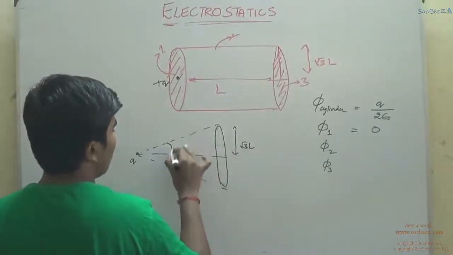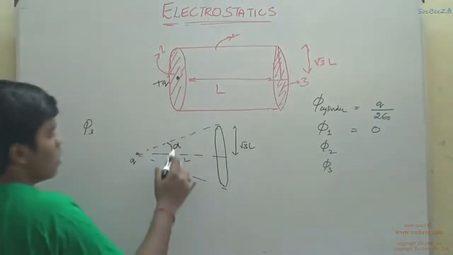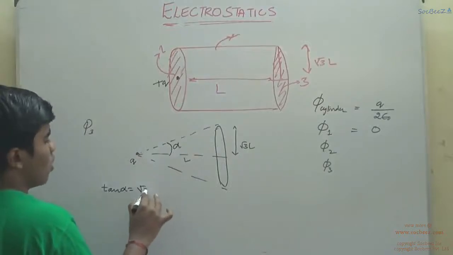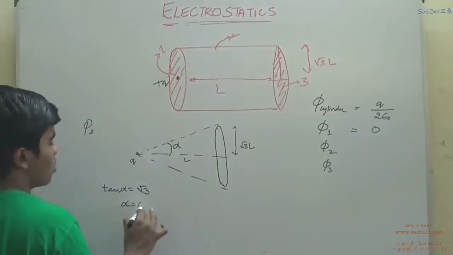This distance is L. Let the angle be alpha. So from here, what do we know? Tan alpha is equal to root 3, which implies alpha is equal to 60 degrees.